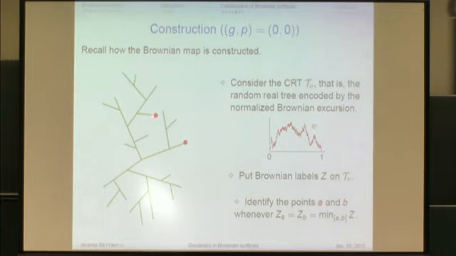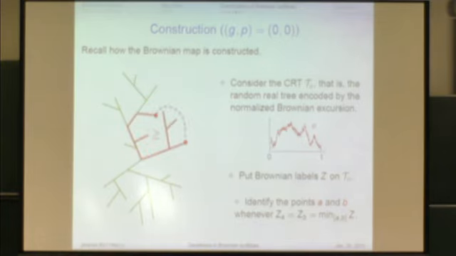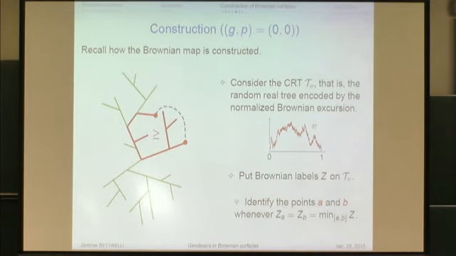Then you will identify the points A and B if they have the same label, and all the labels in between are larger. By in between, I mean that when I do the contour of the tree, all the labels I see after meeting this point and before meeting the second one are all larger. Of course, it could be the other way around. But if all the labels in between are larger and these are the same, I will identify the points.